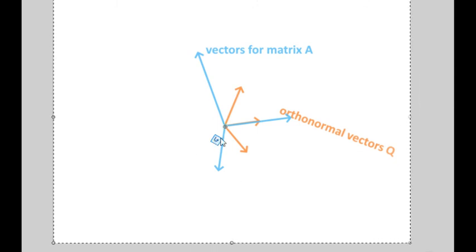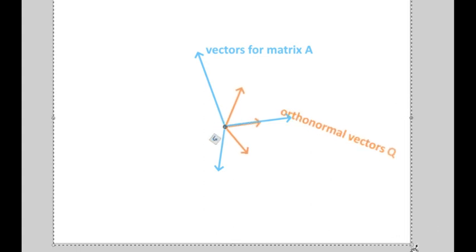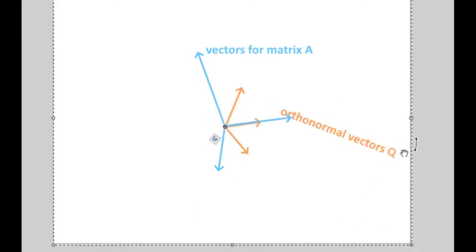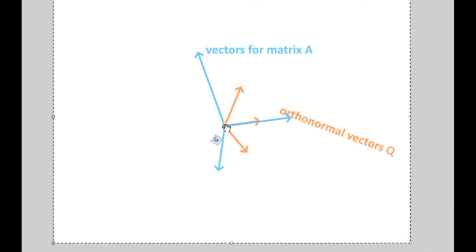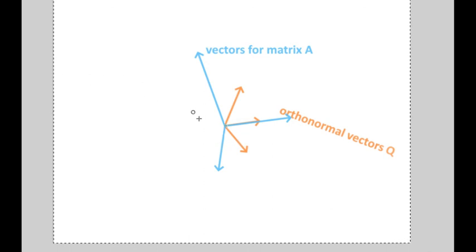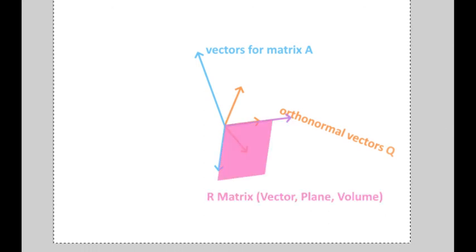Secondly, we want to match this plane. That'll be a bit tricky to show in 3D, but we're rotating across the plane. And third, we want to match this volume. At the very end, I always say matching, but we're just leaving the vector as it is, because we can't rotate it anymore.